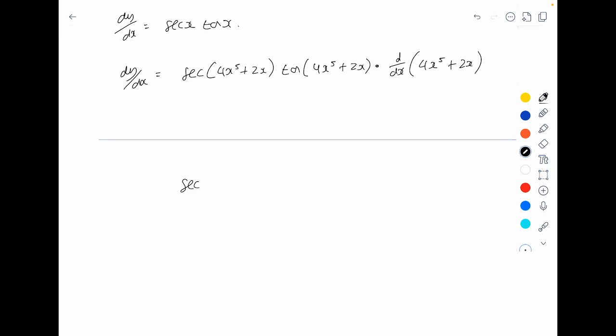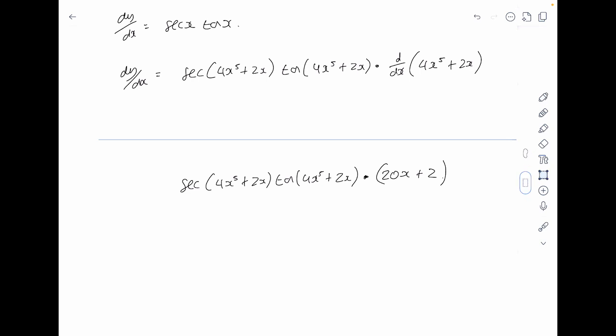Which means we get sec 4x to the 5 plus 2x tan 4x to the 5 plus 2x times 20x plus 2, okay?